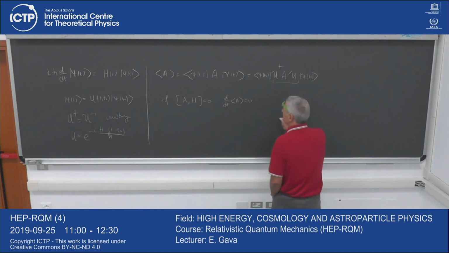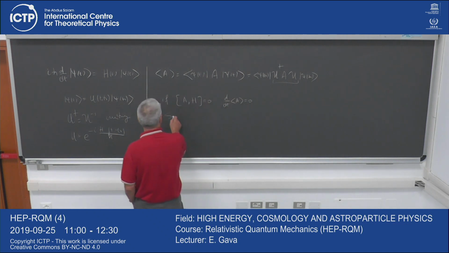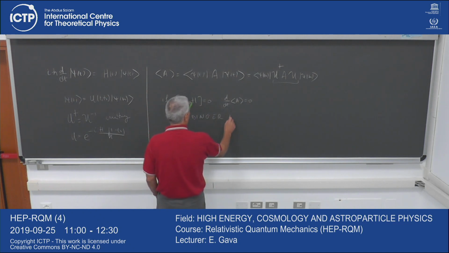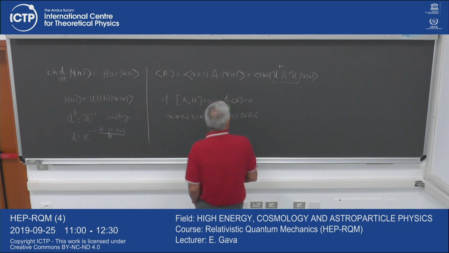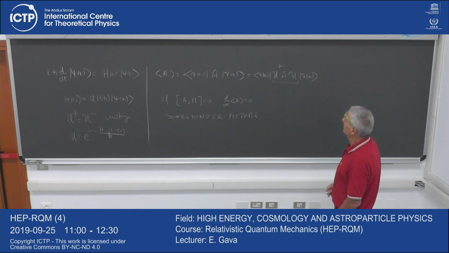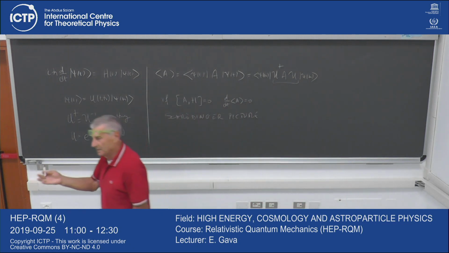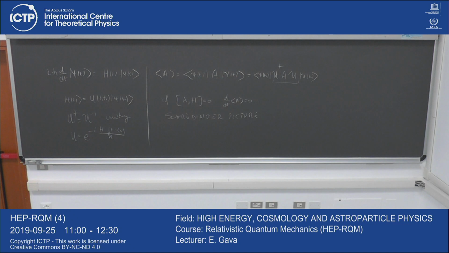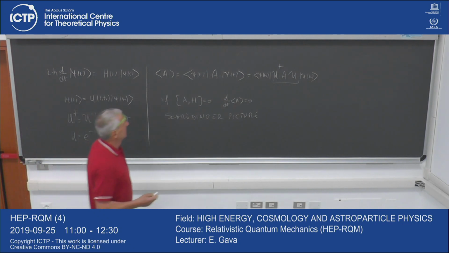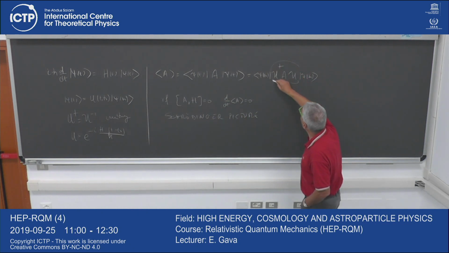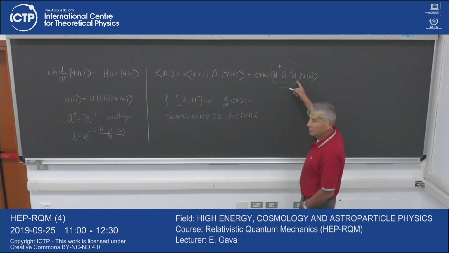So this is the Schrodinger picture. But this expression suggests an alternative picture in which you do the other way around. You keep the state of the system fixed, not evolving, and you evolve the observable instead. You can consider that A evolves in this way.